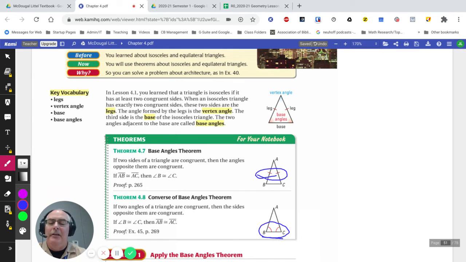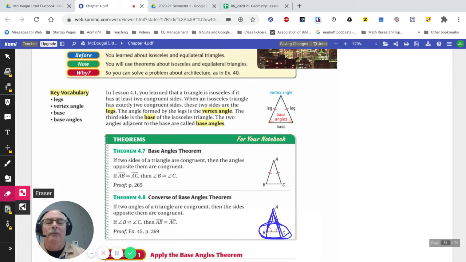And likewise, if I have a triangle where I have shown that the base angles are equal, then I know that I'm working with an isosceles triangle. So base angles of an isosceles triangle are going to be equal because we're working with two sides of a triangle that are equal as well.